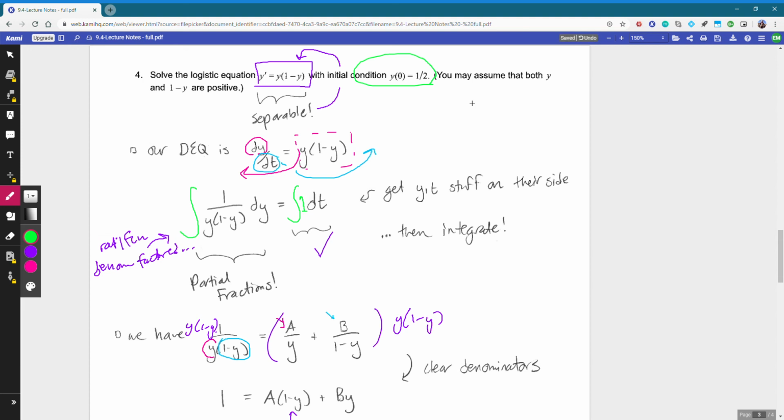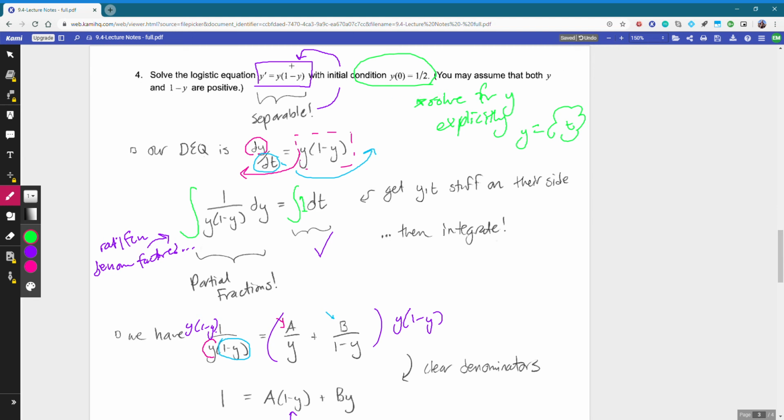And also, I think on your sheet, we want to solve for our solution function y explicitly, as y some function of t.